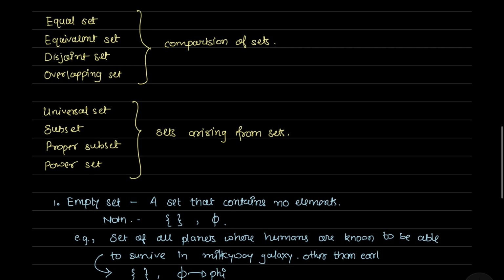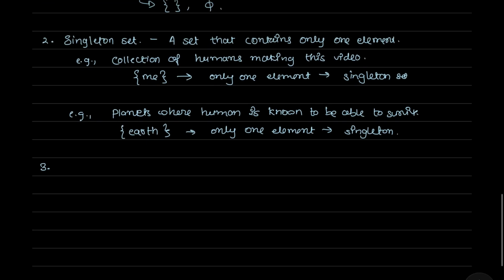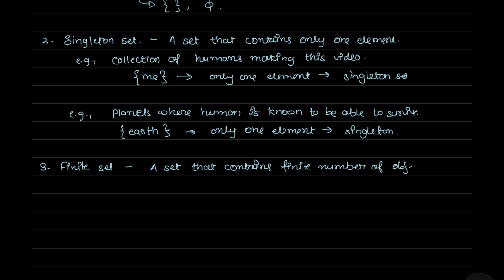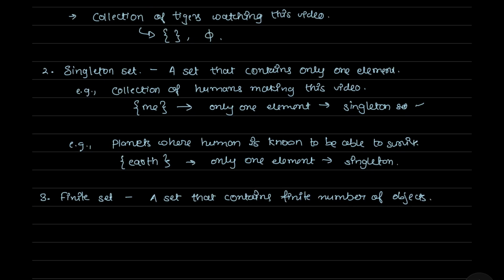Next we have finite set. Now, a set, by the name we can guess, a set that contains a finite number of objects. For example, the above example that we saw, a collection of humans making this video, this is a singleton set.